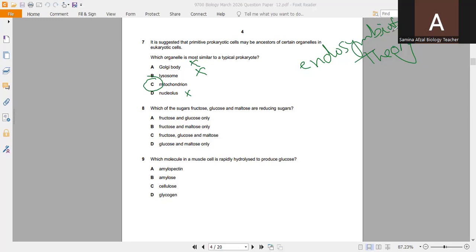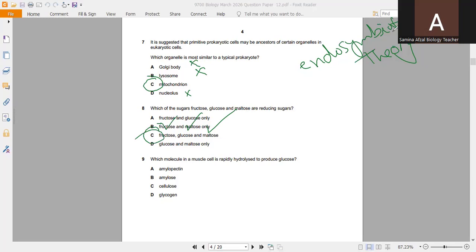Maltose is a disaccharide made up of two glucose units linked by an alpha 1,4 glycosidic bond, leaving one of the reducing ends free, so it is also a reducing sugar. Sucrose is a common example of a non-reducing sugar. So fructose, glucose, and maltose are all reducing sugars. According to this, C is the correct option.